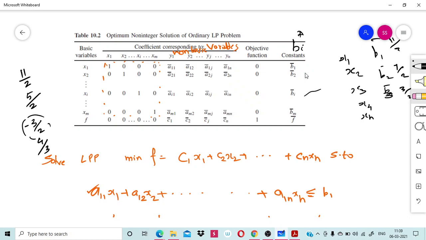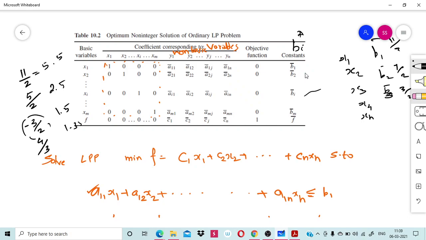So 11 by 2 means 5.5, then 5 by 2 is 2.5, then 3 by 2 in magnitude is 1.5, and 4 by 3 is 1.33 or something like that. Then you find the maximum fractional value out of these values.